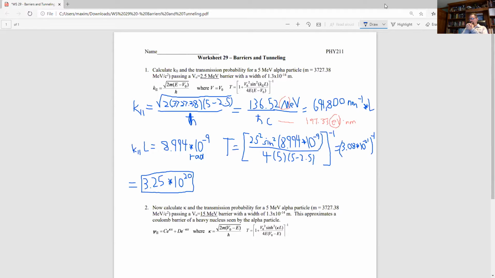After you take the sine of a number, you made a math error though, right? Look right here. You just plugged in KL. You need to plug in sine of KL squared, right?